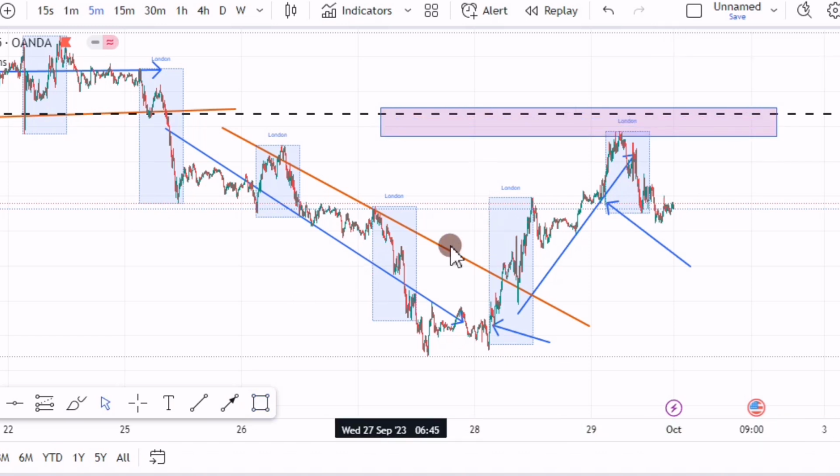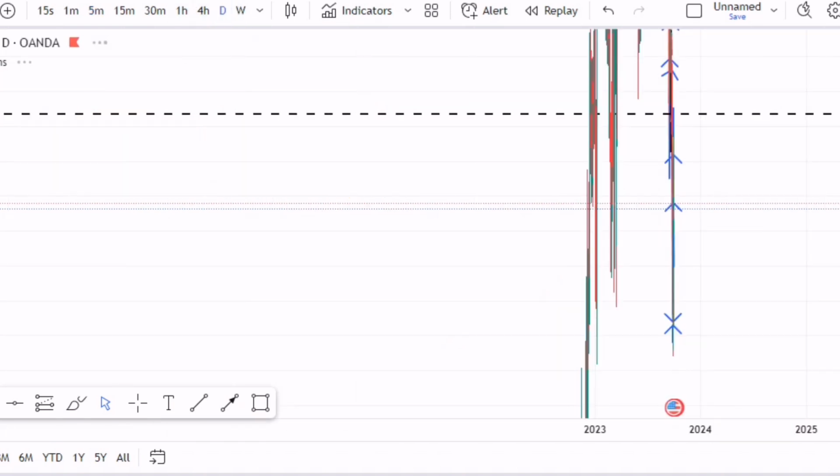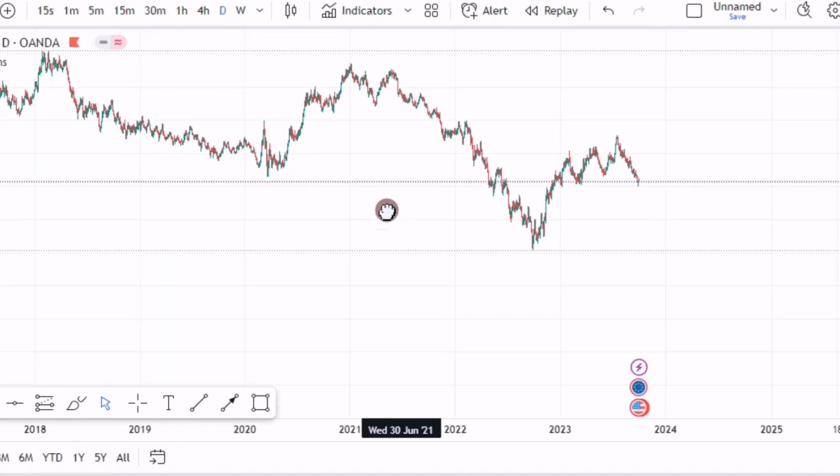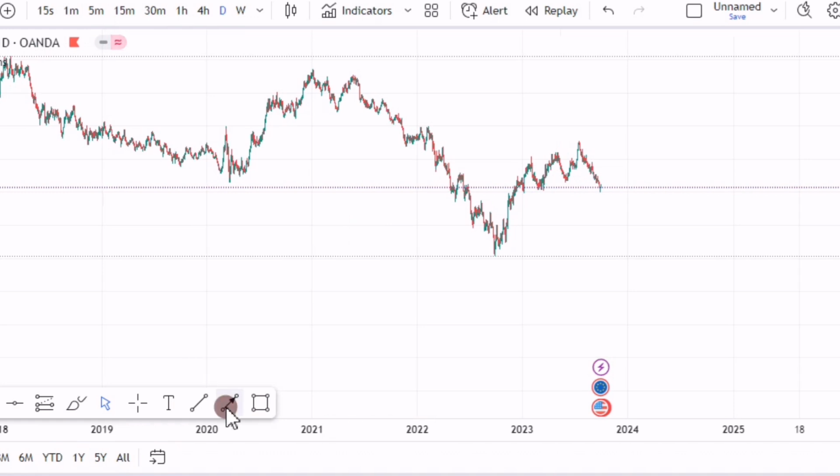Once you understand this on a smaller time frame, it is now very easy to move on a higher time frame like the daily. When you get to the daily time frame, if you see price breaking out, where's the trend line?